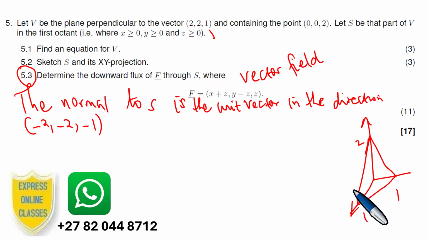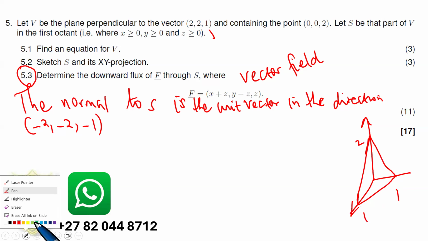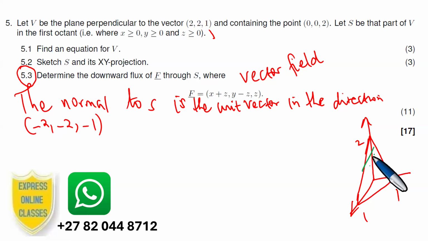And then we proceed to shade it, and this one is our Z, Y, X.